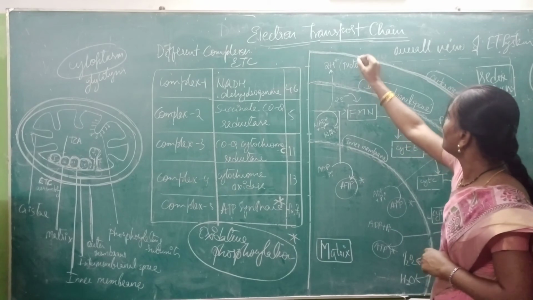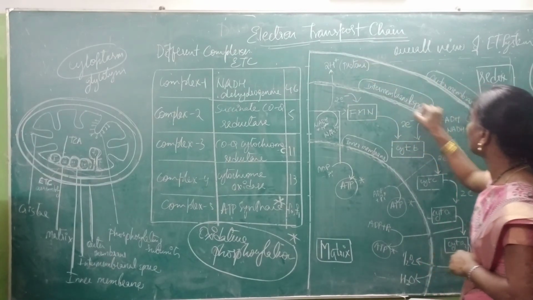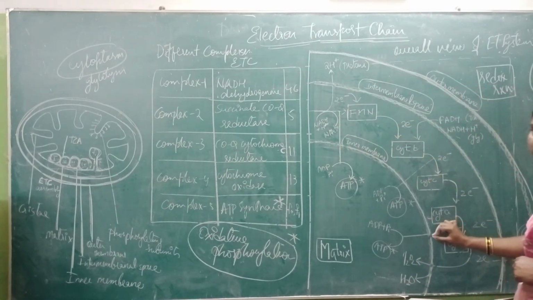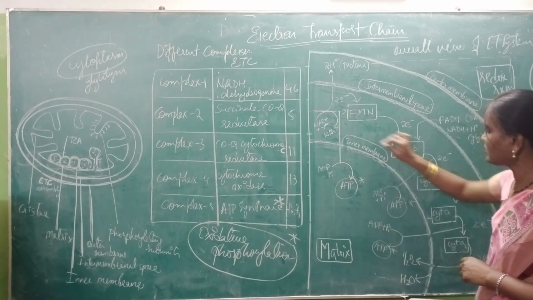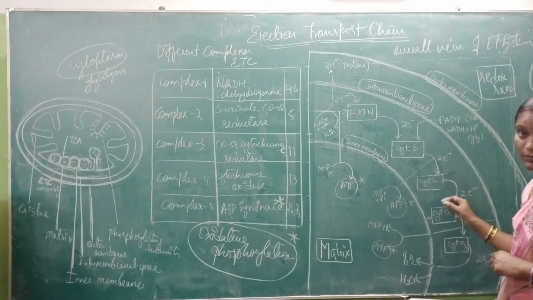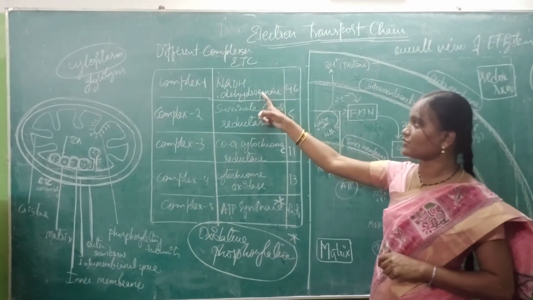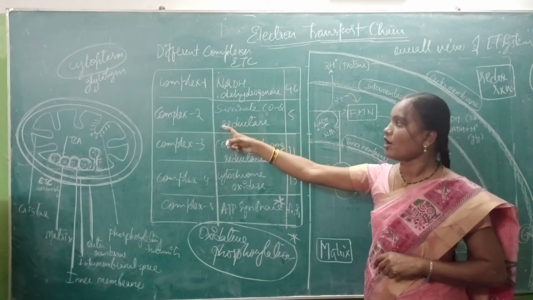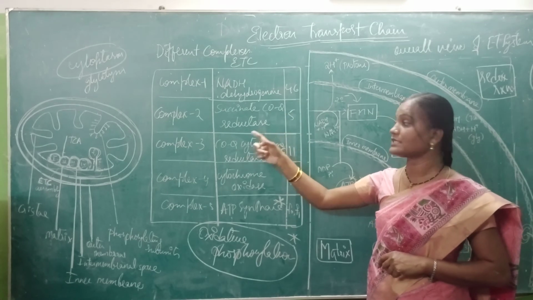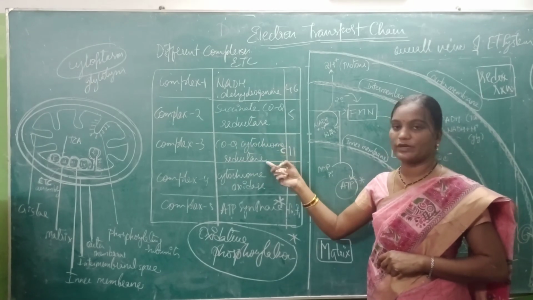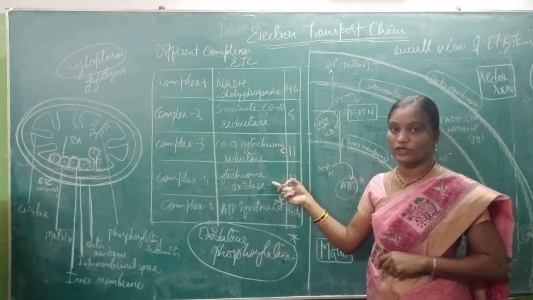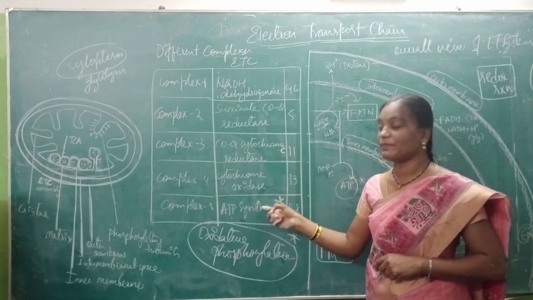This is the outer membrane, this is your intermembrane space, this is your inner membrane. Here all the 5 complexes of electron transport chain are present. Complex 1 is NADH dehydrogenase, complex 2 is succinate coenzyme Q reductase, complex 3 is coenzyme Q cytochrome reductase, complex 4 is cytochrome oxidase, and complex 5 is ATP synthase.